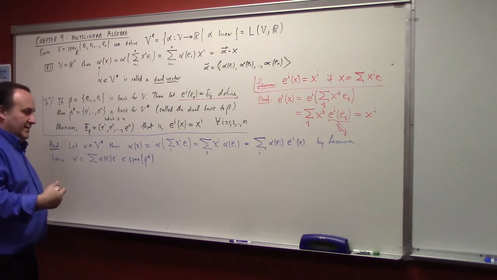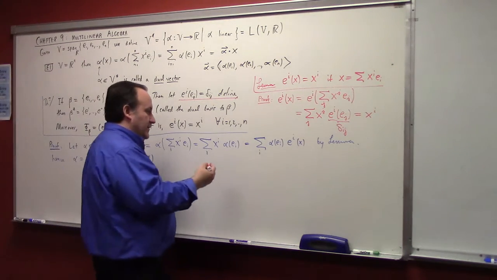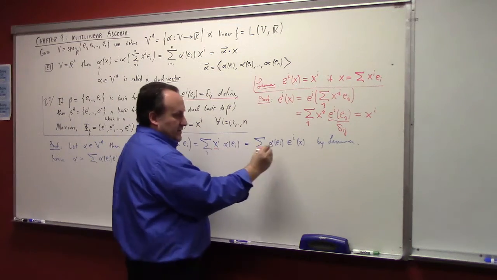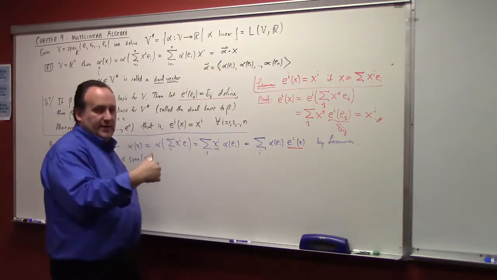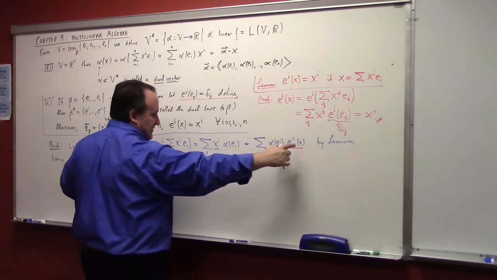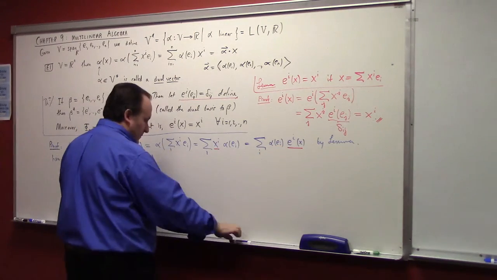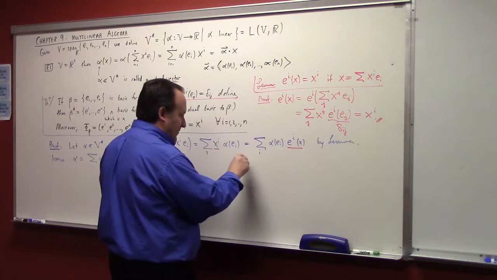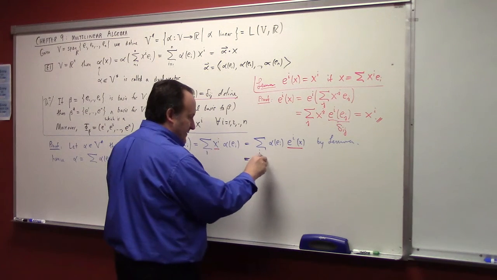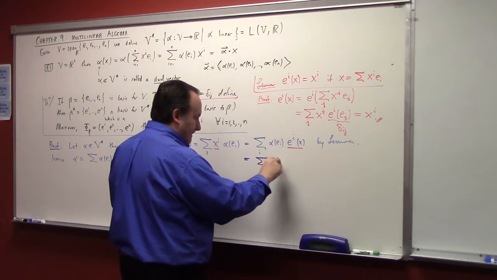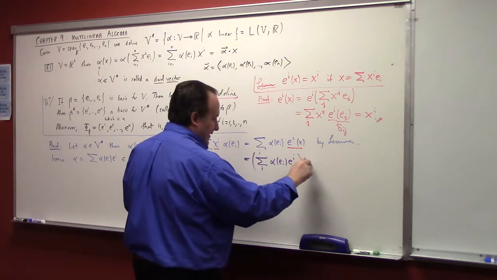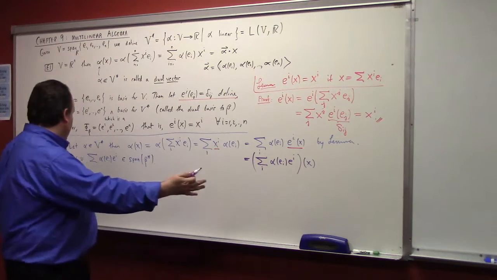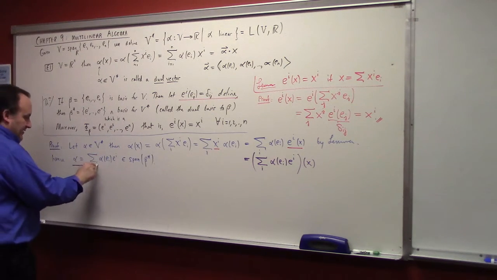Once we have that, that allows us to trade this for that, right? And then I noticed that all of this I can look at as a mapping. And how do we define the sum of maps? Pointwise, right? So this map, x on x, and since this holds for all x, we have this equality.